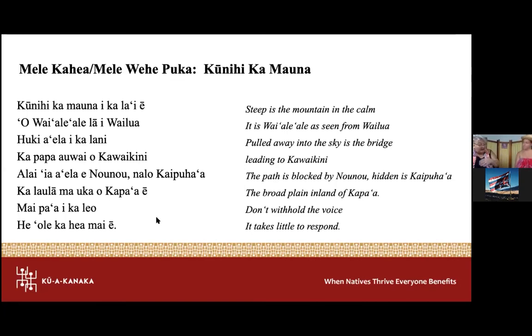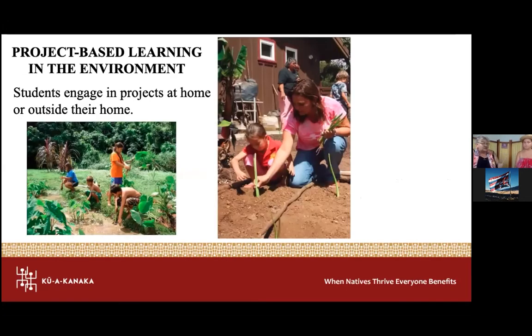But this chant now has become a generic chant for anybody who wants to ask permission to enter a certain place, a forest or a mountain or whatever it is. It could be a heiau, it could be even a hale. And so learning these chants so that when it comes time, they know how to behave appropriately, right? They know how to chant themselves in, and then it makes sense to them again.